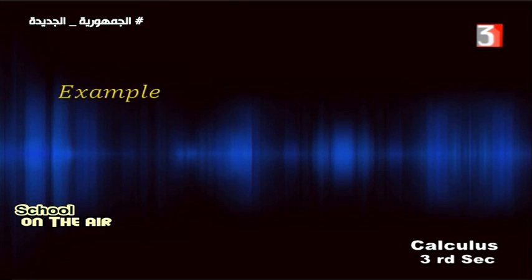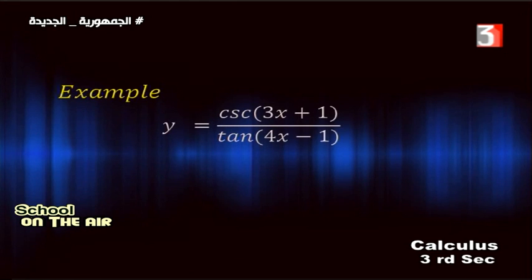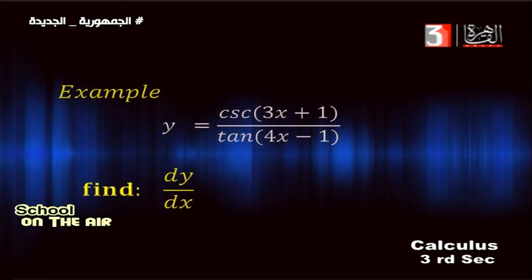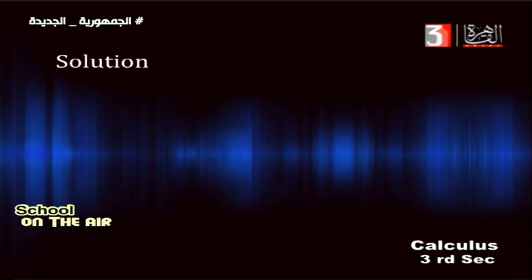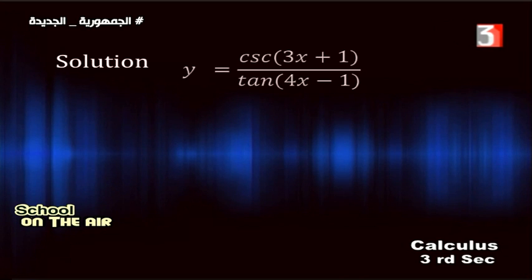Our last example today is: if y equals cosec 3x plus 1 over tan 4x minus 1, find dy/dx. Now we have y equals the quotient of two trigonometric functions, cosec 3x plus 1 over tan 4x minus 1.